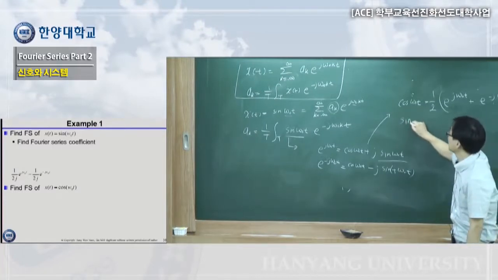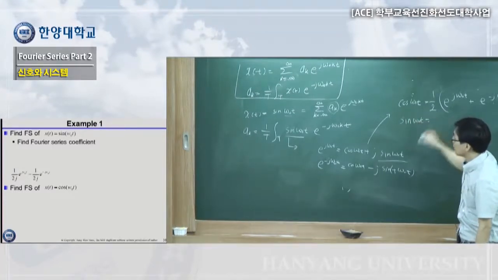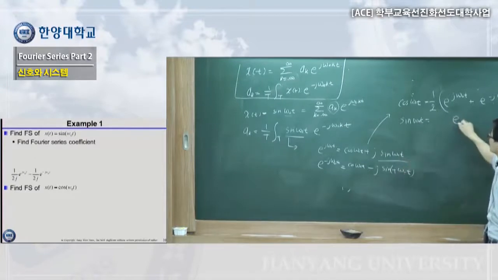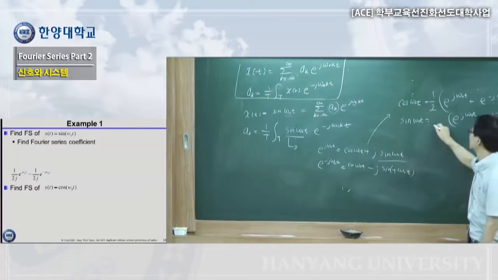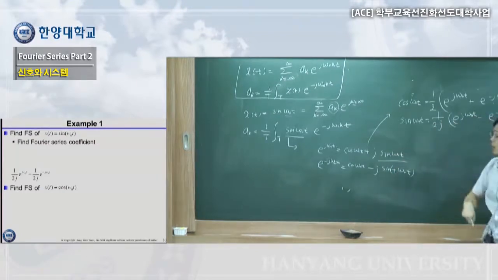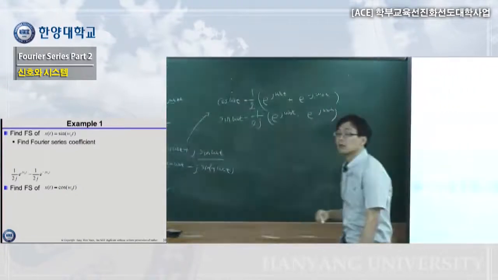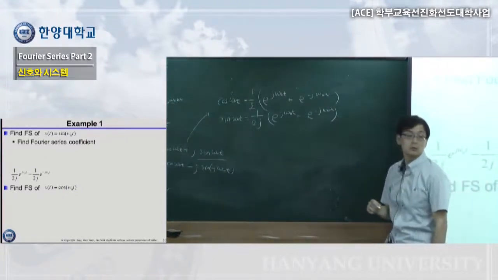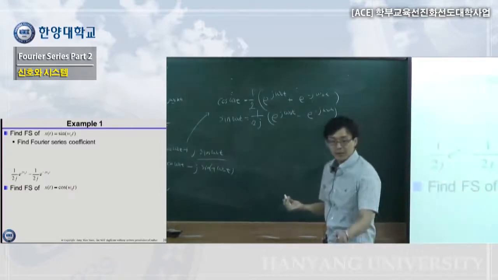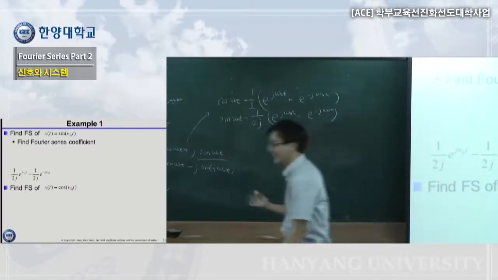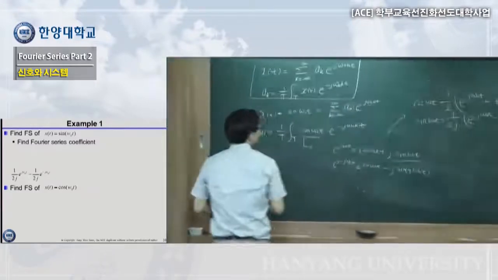If you want to find the sine, you subtract: this one minus this one, and there will be 2j instead of 2, so you should divide by 2j. Fair? You look like you have a question. No? Okay.